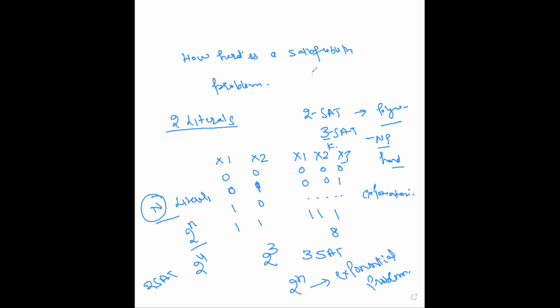When we did the first lecture on computability, I told you about a list of algorithms which cannot be solved in polynomial time, like TSP, the traveling salesman problem, and the 0-1 knapsack problem. SAT also comes into the category of these problems because it also has a complexity of 2 power n.